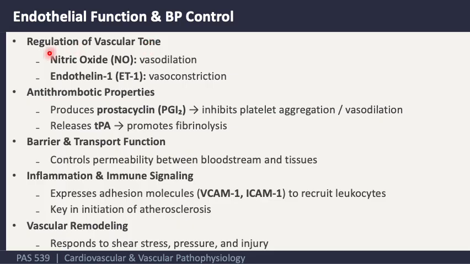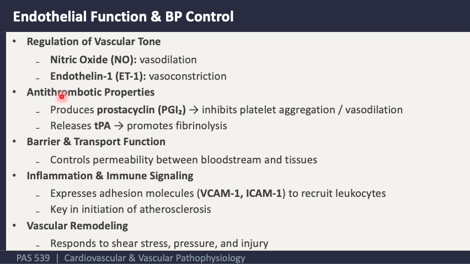So just to go into a little bit more detail on the endothelial function, and we'll touch base on how it also has an effect on blood pressure. The endothelium helps to regulate vascular tone. Like I showed you previously, it's the innermost lining of the vessels.